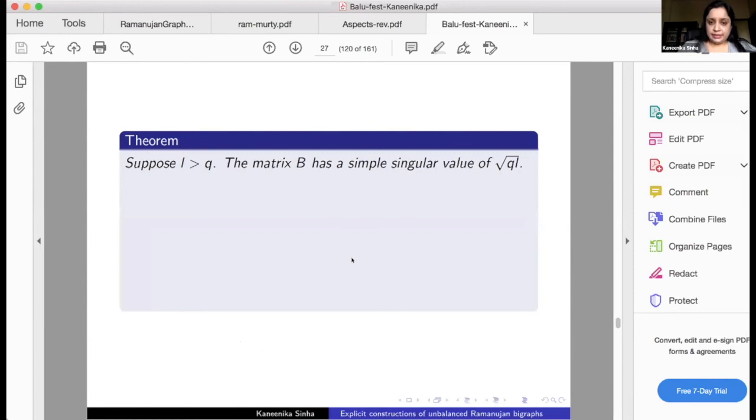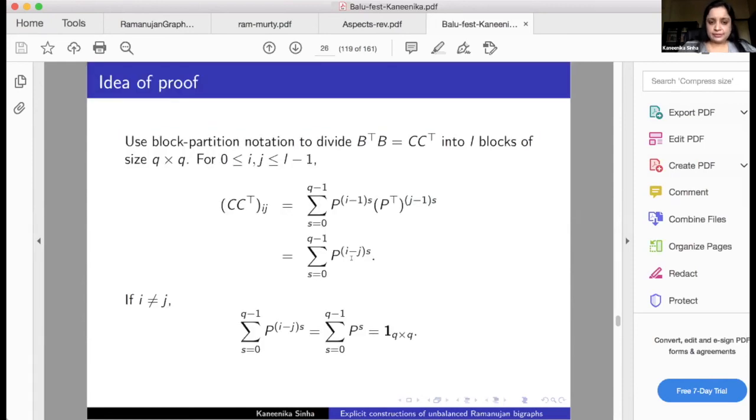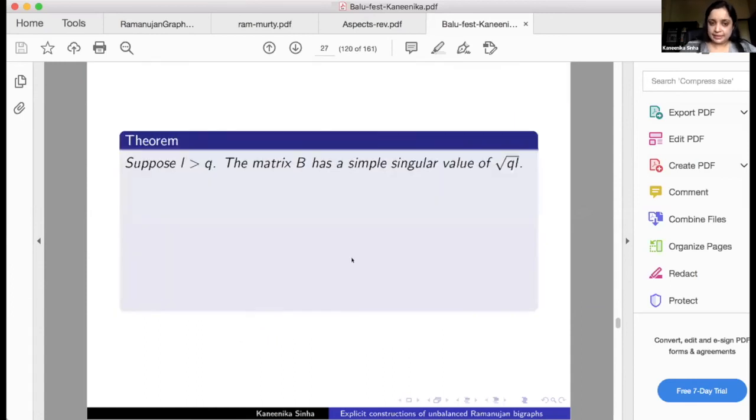Here the analysis is not as comfortable as in the previous case, because your L is greater than Q. Before, since your L was strictly less than Q, you had this matrix sum identity.